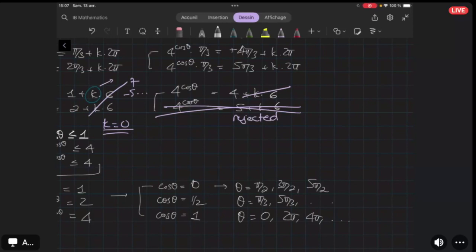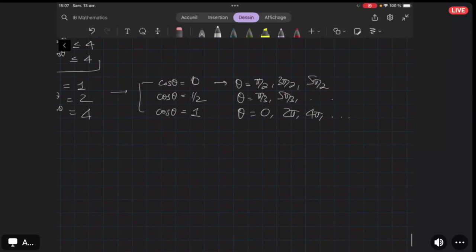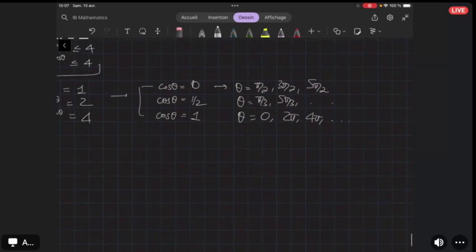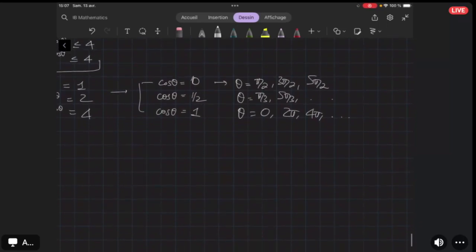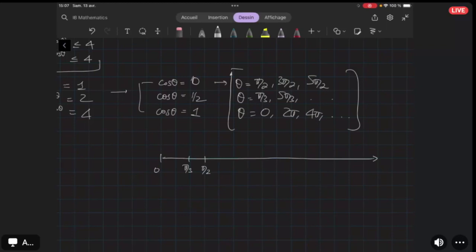We need to find values a so that the equation has exactly 3 solutions. Be very careful with this. Let's put all of our solutions on a number line. 0, pi over 3, pi over 2, 3 pi over 2 is over here, 2 pi is over there.